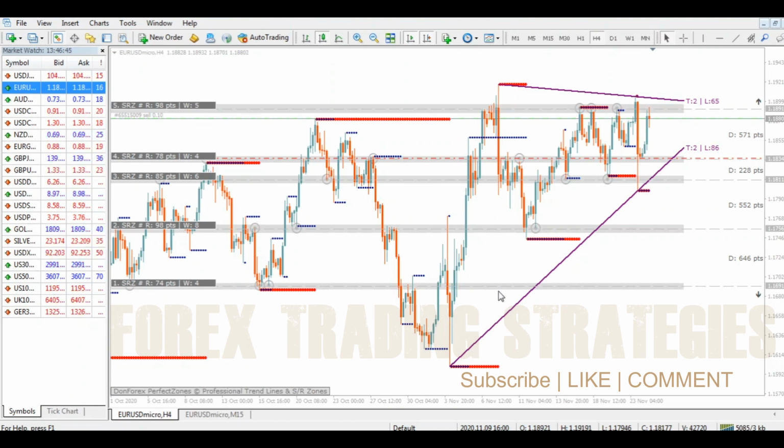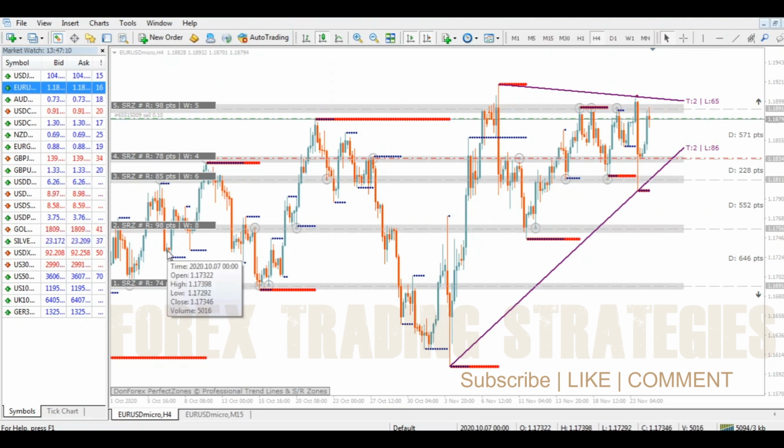I will share the settings that I use, but bear in mind that you might need to tweak those settings because every broker uses different candles. For example, you might see a pin bar here with my broker, but if you go on to the next broker, there's no pin bar.